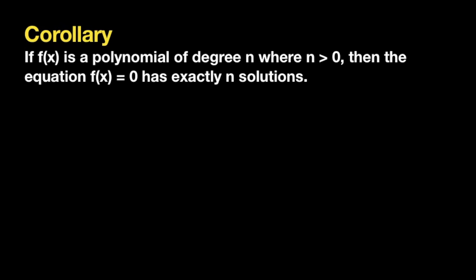And it says if you have a polynomial of n degrees, now you're going to have n solutions. So this one tells you if you have x to the fourth, that means that you're going to have 4 solutions. If you have x to the 15th, then that means that you're going to have 15 solutions.